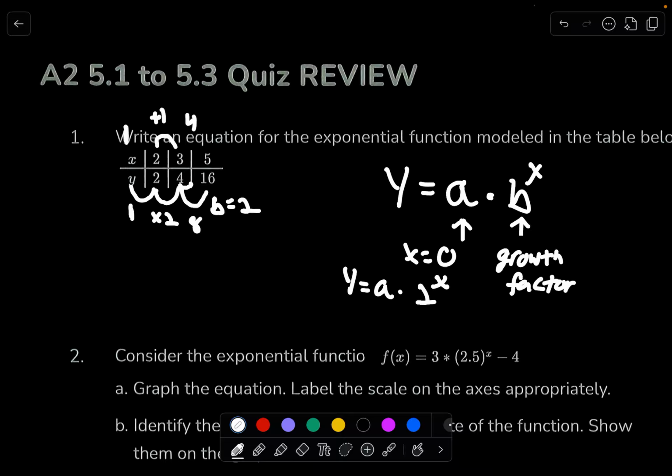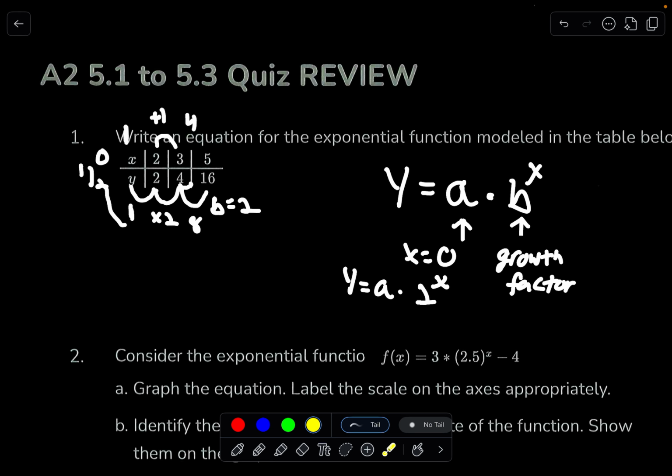Then when we go back one more time to 0, which is what a is, the value of the exponential when x is 0, we divide by 2 one more time, and it'll be 1/2, because 1 divided by 2 gives you 1/2.